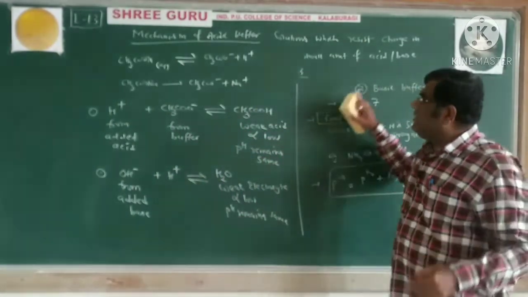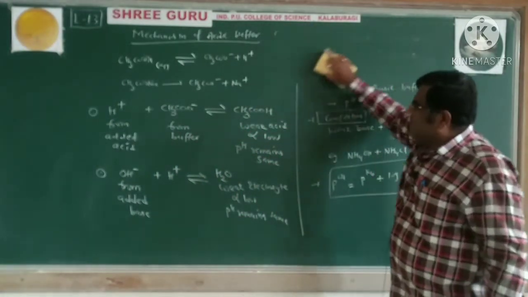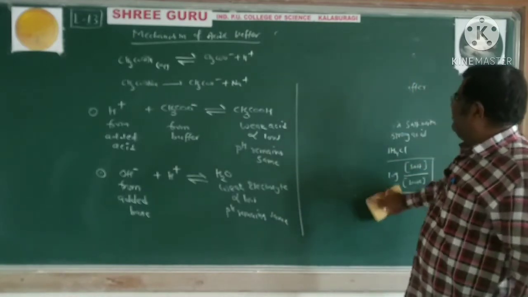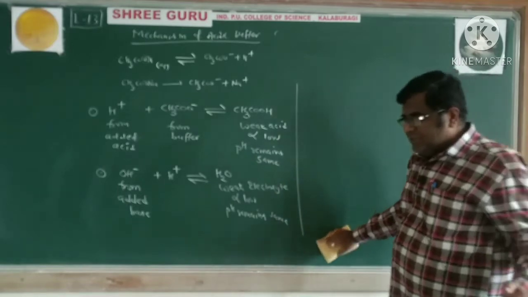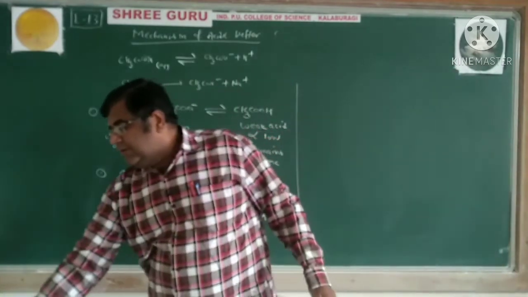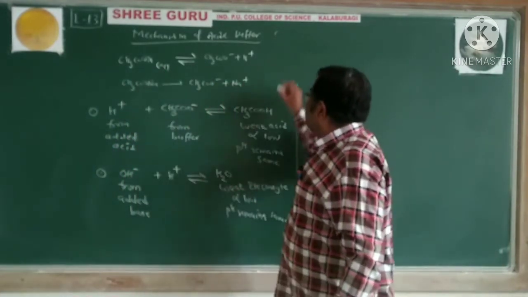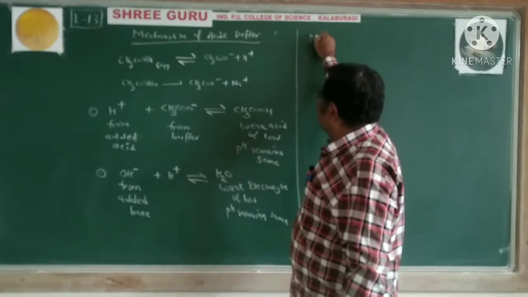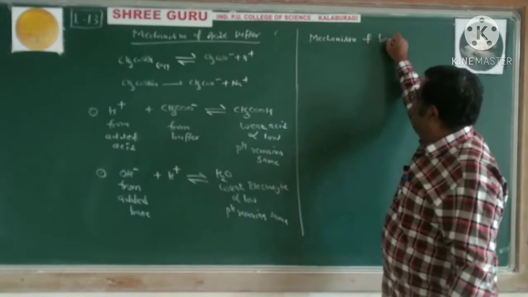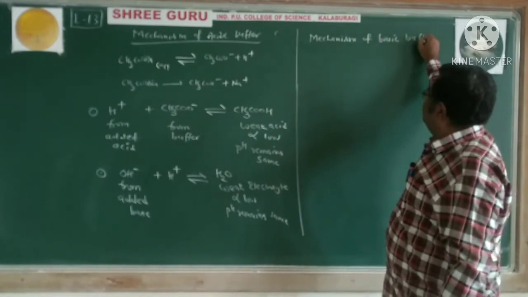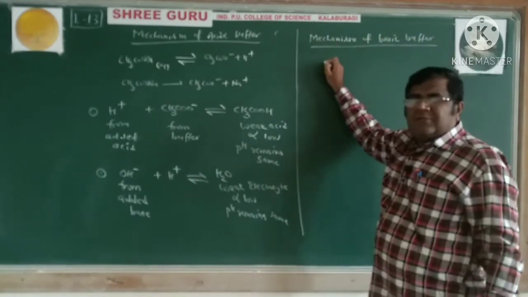How does a basic buffer work? We have to see its mechanism. Now, I think you can write the mechanism on your own. You understood exactly how this works. So, mechanism of basic buffer. There are two components.